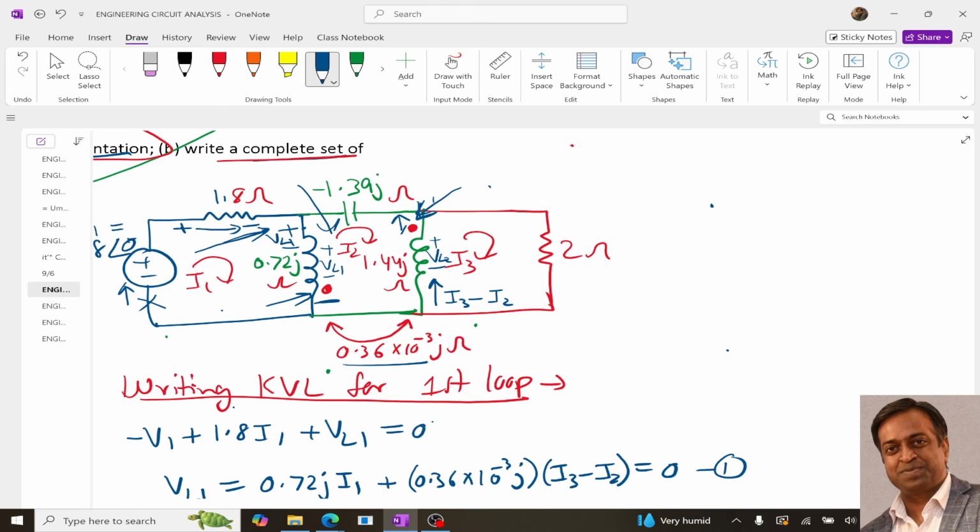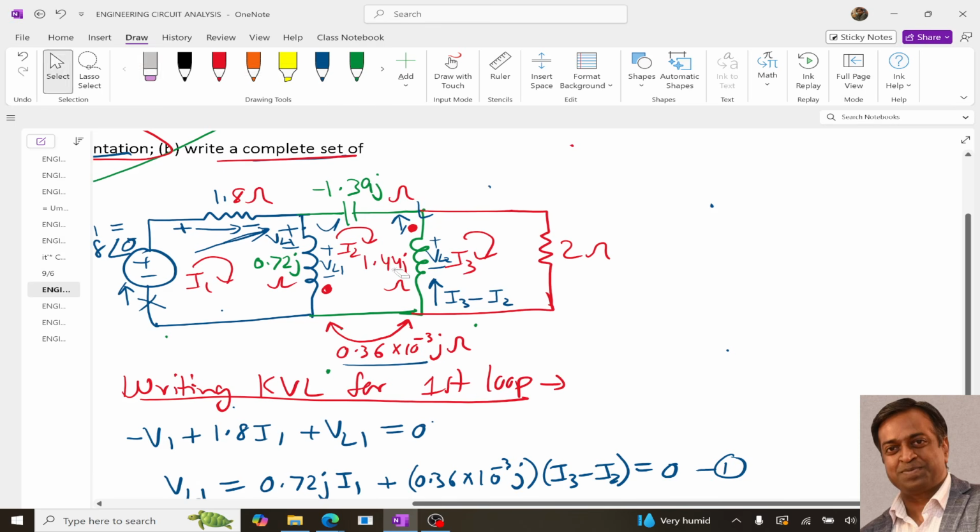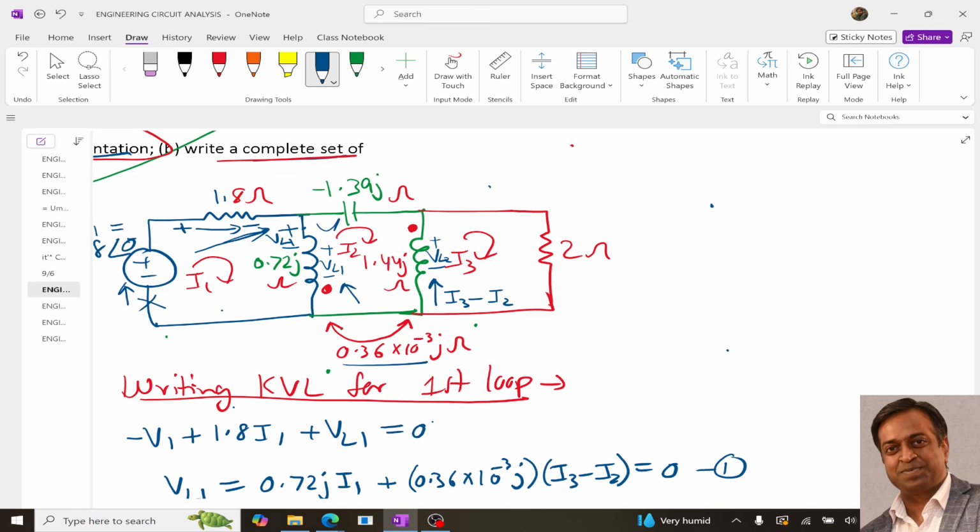Let me erase a little bit. So if this is VL1 and this is VL2, let me give the polarity as plus at the bottom and minus at the top, because I2 is flowing in this direction, right?